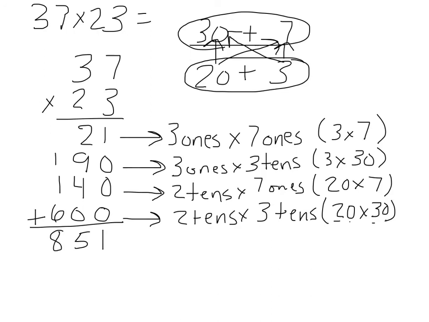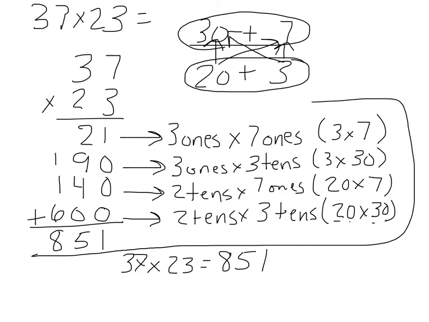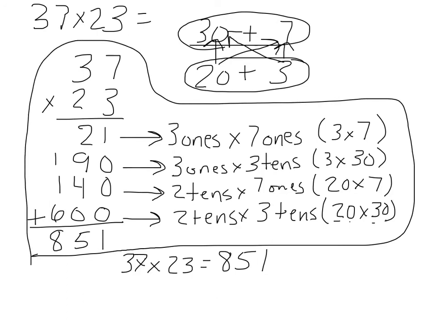So our answer to 37 times 23 equals 851. So this piece right here is explaining 2-digit by 2-digit multiplication by the use of equations, which is also part of the standard.